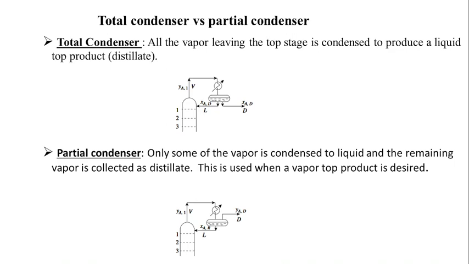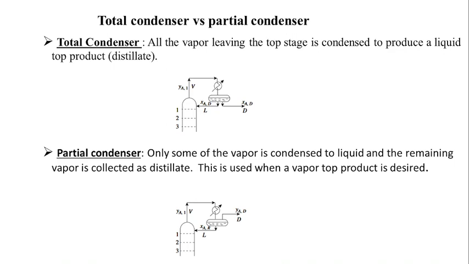As a result, under this condition, the condenser also behaves as a single ideal stage. So typically, when you calculate the number of stages from the McCabe-Thiele method, suppose you get 10 stages, then the actual number of ideal stages inside the column is 9, because the reboiler acts as a vapor-liquid separator and accounts for one stage.